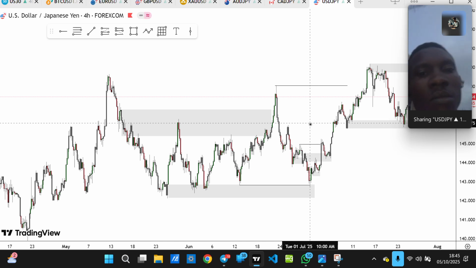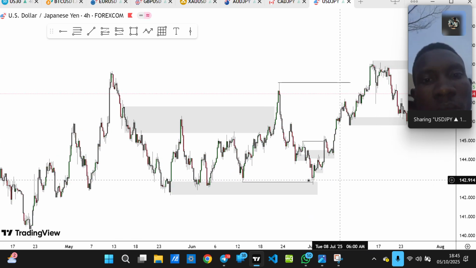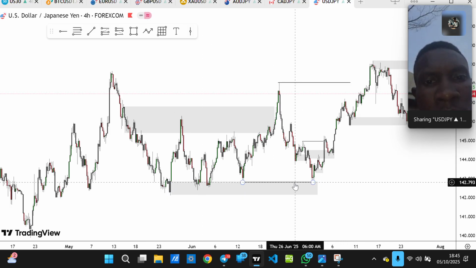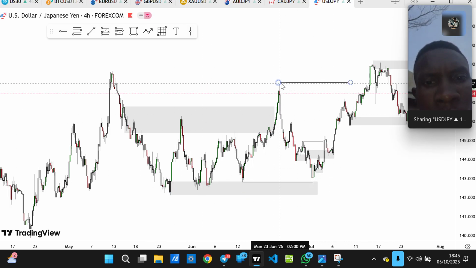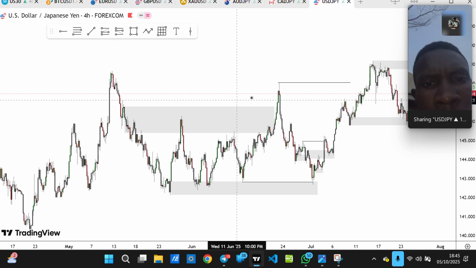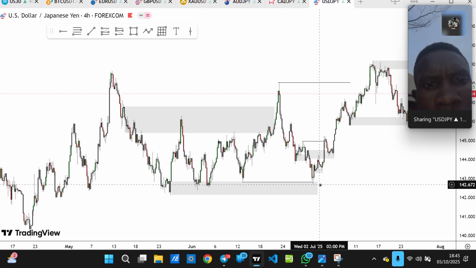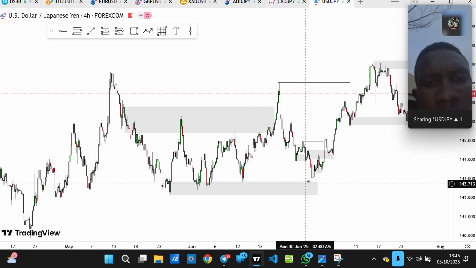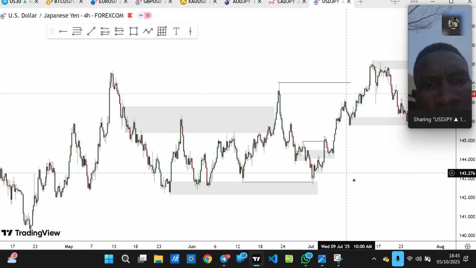So we saw that price came again into this demand, because initially we feel like, okay, since it failed to break this structure here, you should expect that at least you should go down and break structure. Since it failed to break structure, and we saw that it only tapped into that demand and came back up, that means that we are now bullish.